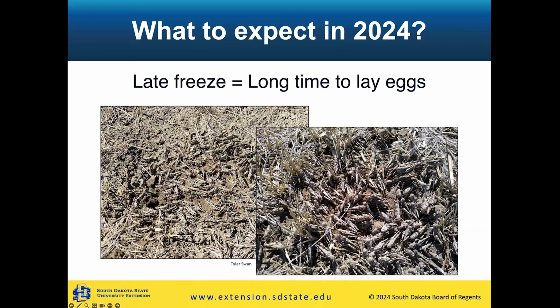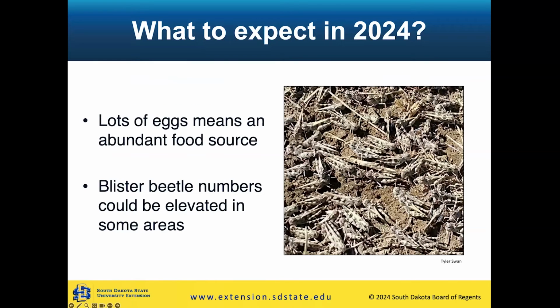This was just in a pasture that had areas of bare ground, prime real estate for grasshoppers to lay eggs, and they just went absolutely nuts. It wasn't quite as bad, obviously, this last year. We had quite a bit more moisture West River, so you didn't have the bare ground and it wasn't quite as favorable. But this is kind of a worst case scenario from 2021.